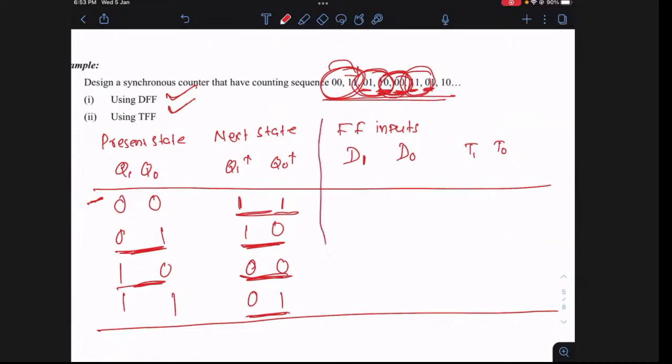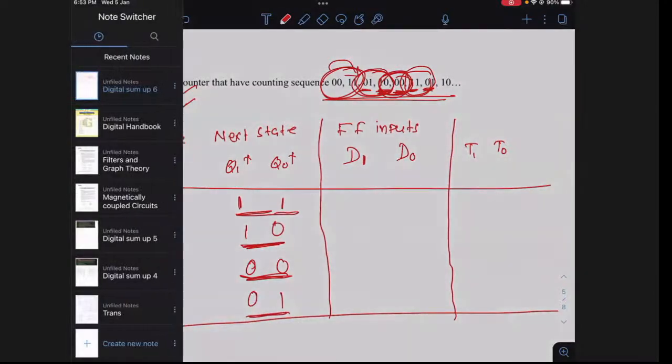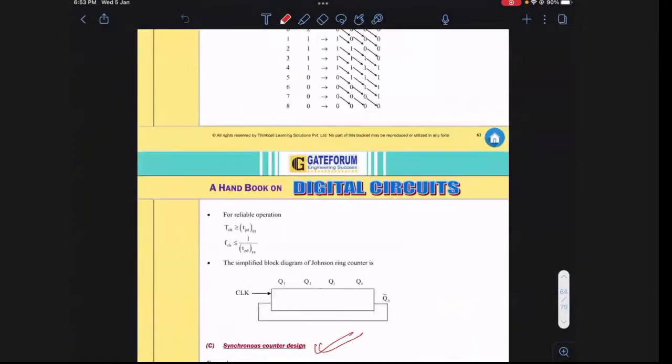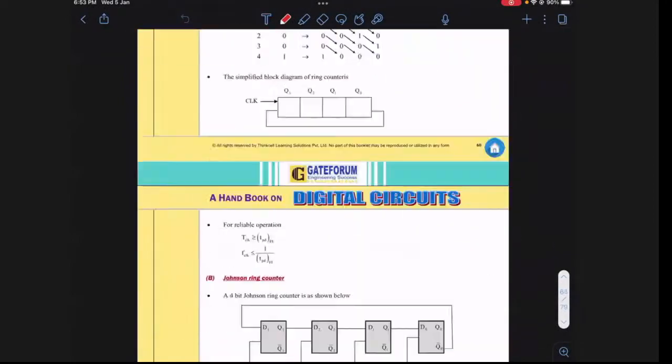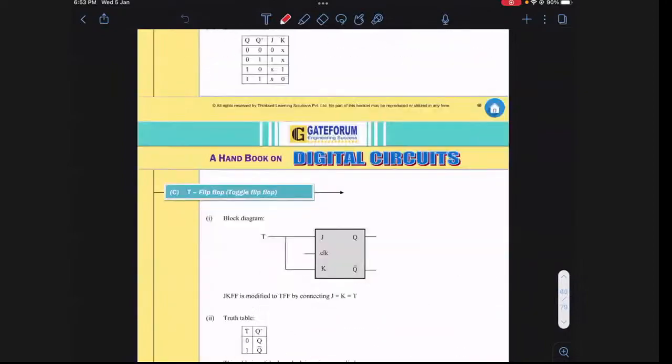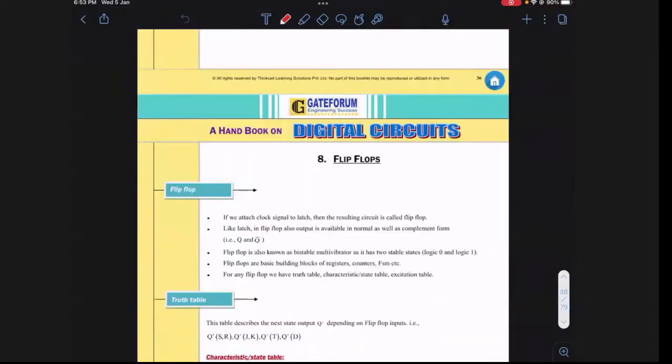So you know the present state, you know the next state. Now you have to get the corresponding flip-flop inputs. If you want to get the flip-flop input, which table do you have to use? You have to use the excitation table, because here we have the D flip-flop and the T flip-flop. So you need the excitation table of the D flip-flop and the T flip-flop.